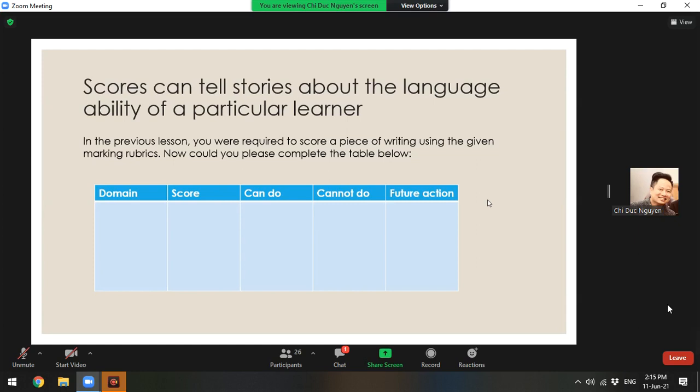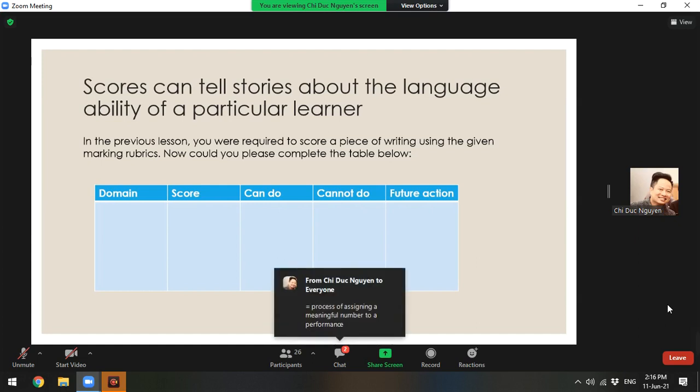The main purpose of measurement is the process of assigning a number to students' performance. A meaningful number, so it is the process of assigning a meaningful number to a performance. You have learned this concept already.